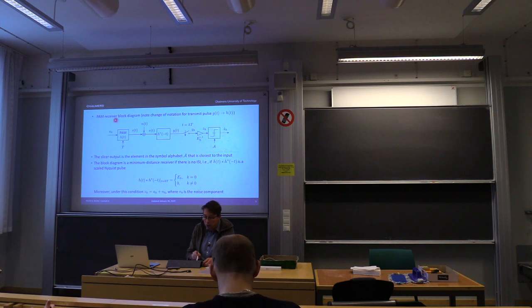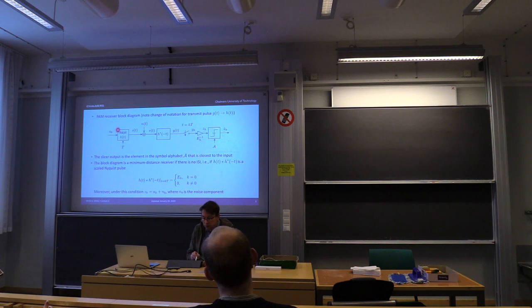Okay, so this property is then used in the receiver of pulse amplitude modulation. So a PAM block diagram looks something like this. We have some data, A, that needs to be transmitted. We use basic pulse h, and we transmit pulses every T seconds. And then we get a transmitted signal s, there's some noise, and then we get the received signal here. The first thing we do is to have a matched filter, and the filter is matched to the pulse that we use at the transmitter side.